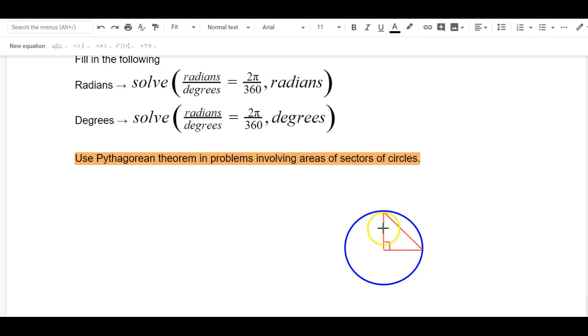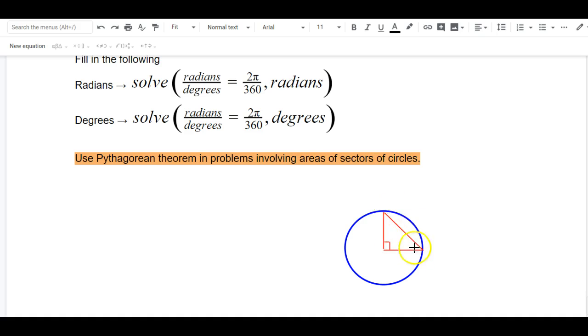But then I could use the Pythagorean Theorem here. Let's say I knew this was 10. And I know these are radii, so they're equal to each other. So I would say this is x here, and this is also x.